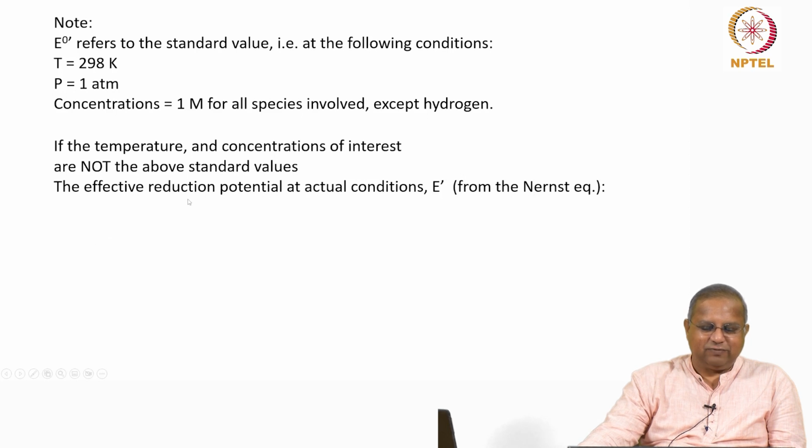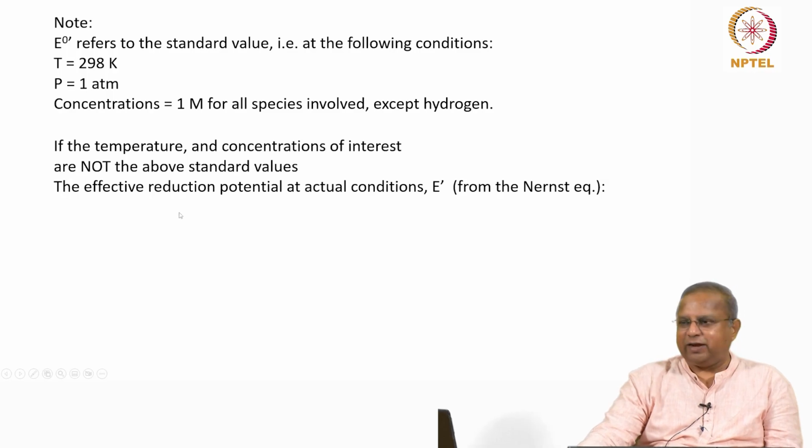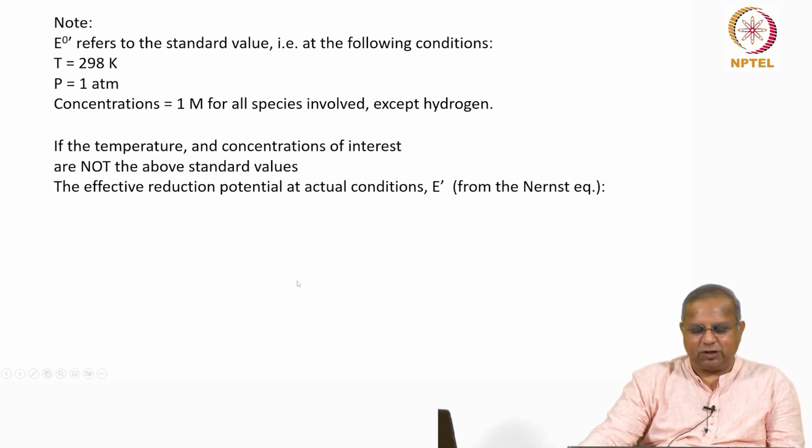The effective reduction potential at actual conditions means essentially the concentrations are different, the temperature is different. Pressure of 1 atmosphere is taken; there are ways to correct for it also, but usually that is not a concern for biological systems. You can put in a pressure functionality also.